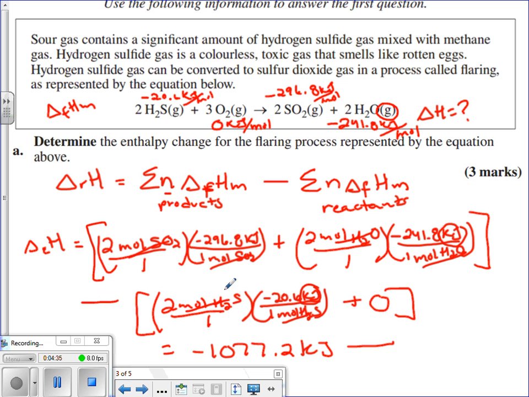So it's just going to be 2 times negative 20.6, which will give me negative 41.2 kilojoules. Minus a negative, be careful with that, and we're going to get negative 1036 kilojoules.